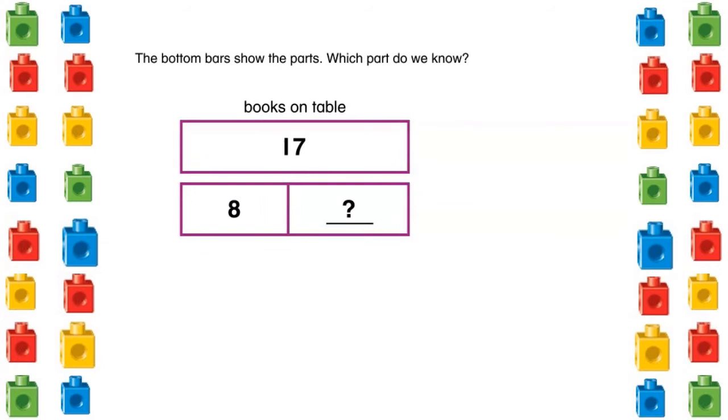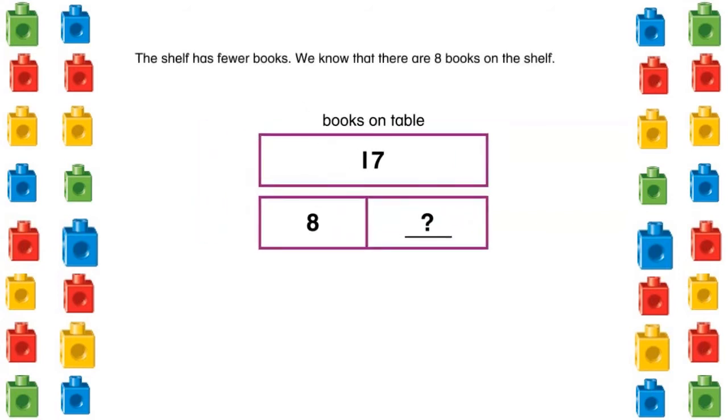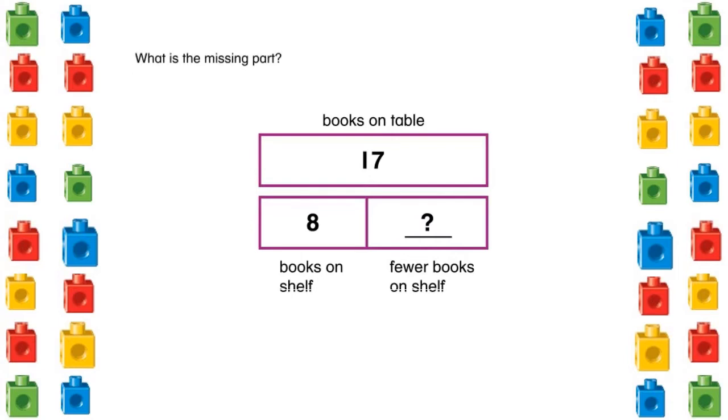The bottom bars show the parts. Which part do we know? We know 8. And what is 8? It's 8 books on the shelf. Okay? The shelf has fewer books. We know that there are 8 books on the shelf. What is the missing part?